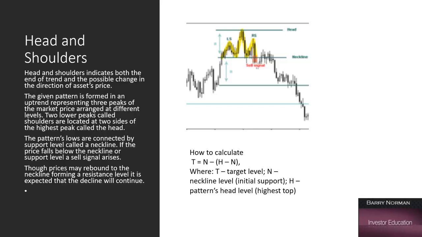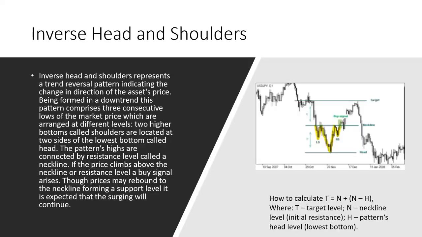But once we have this formation, we can then apply some standard calculations. And that is our target price when we get the breakout is equal to the neckline minus the head minus the neckline. And that's a pretty easy calculation. And this is how it works on all patterns, okay?